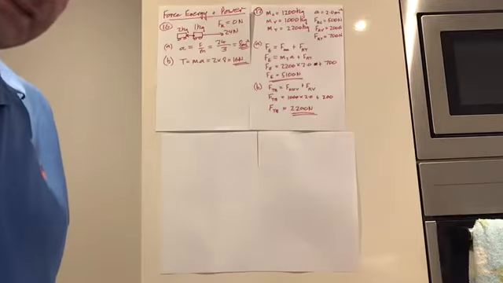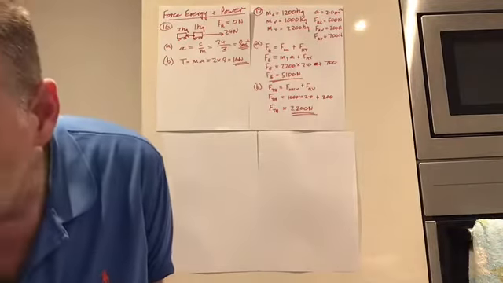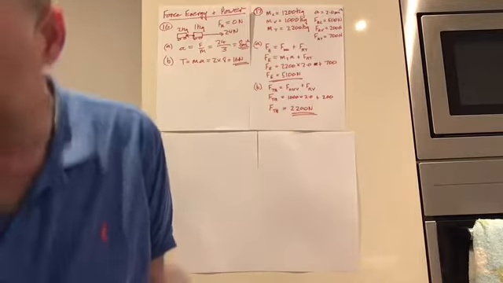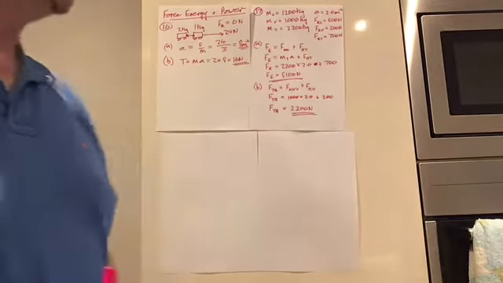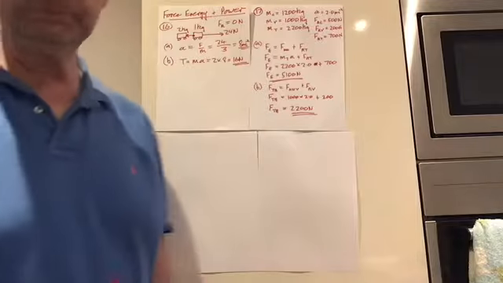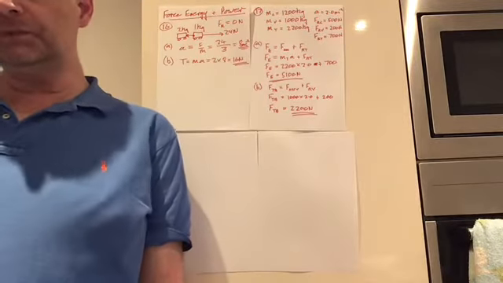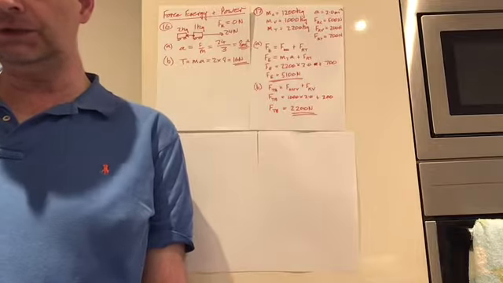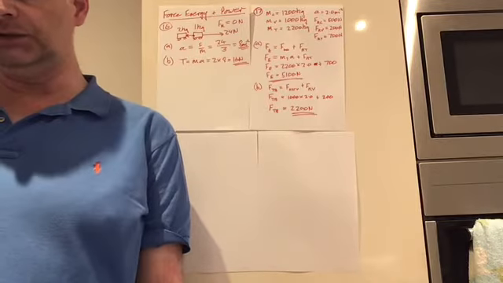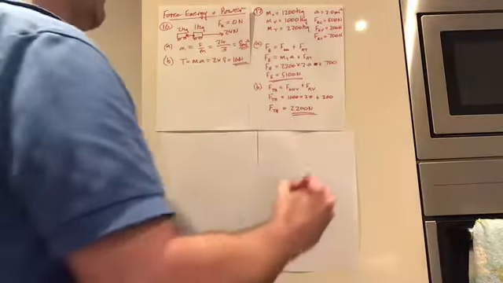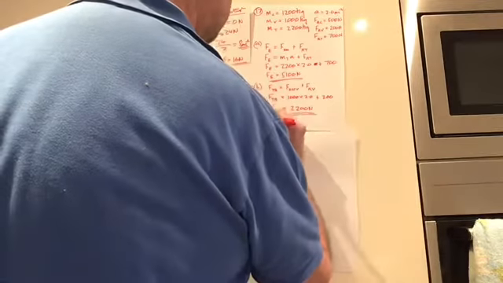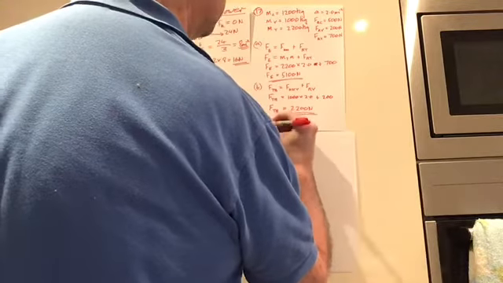Now, part C is asking us, if the car is travelling at a constant speed of 10 meters per second, excellent, that gives me a huge clue. Assuming the frictional force is to be unchanged, calculate 1, the new engine force, and 2, the force exerted by the tow bar on the caravan. So, C part 1 is really easy.